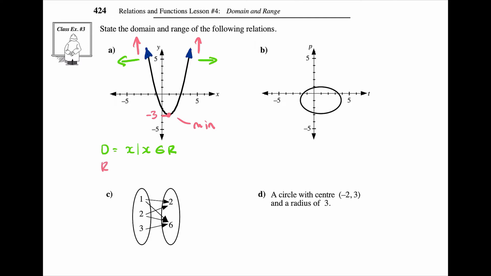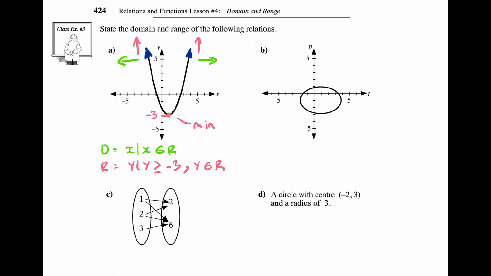And the range is going to equal y such that y is greater than or equal to -3, and y is a subset of all real numbers. So it starts at -3, includes -3, and goes forever in the positive direction, including all real numbers.